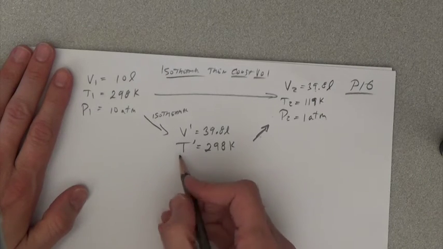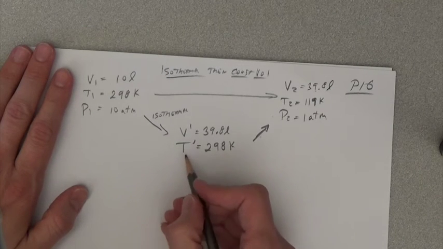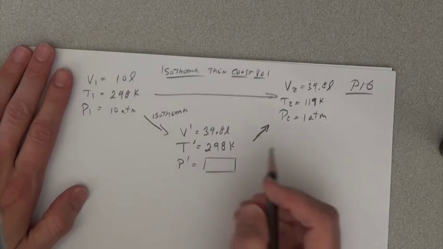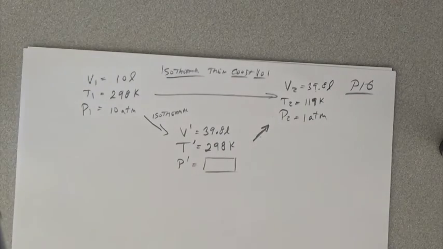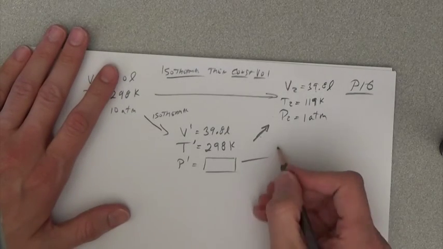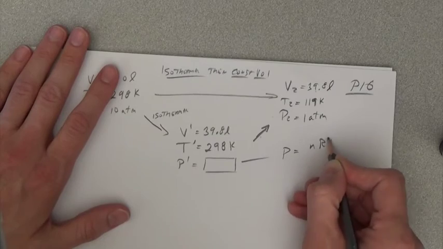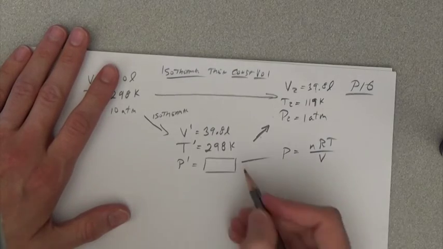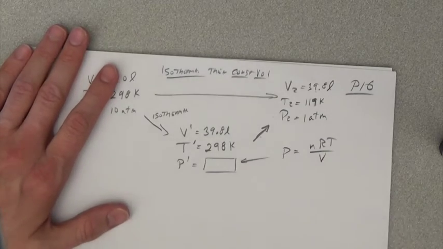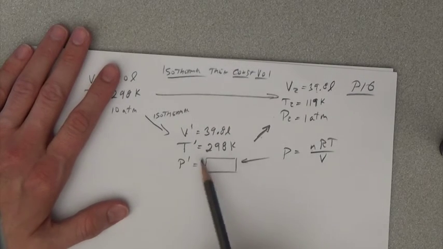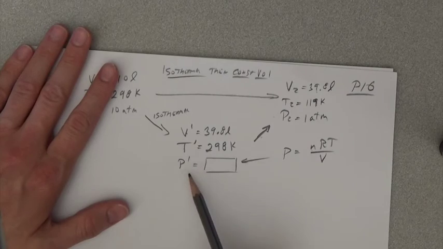Which means P we can find from P equals nRT over V, if needed, because we know V, T and N for this intermediate state.